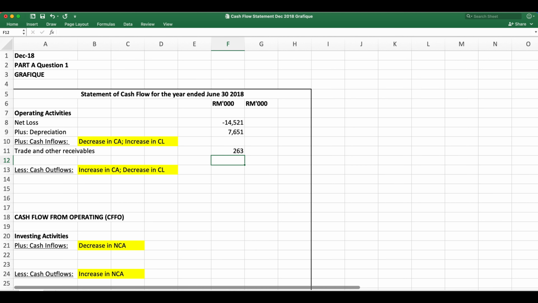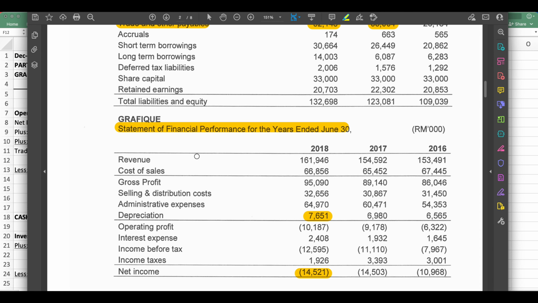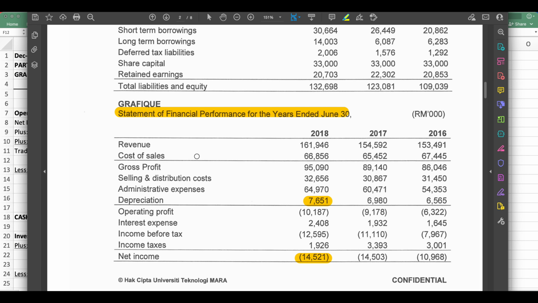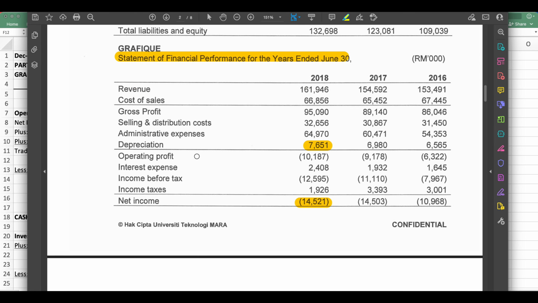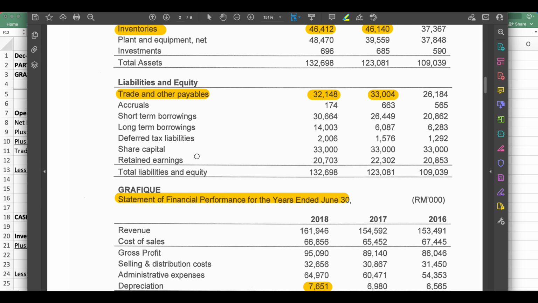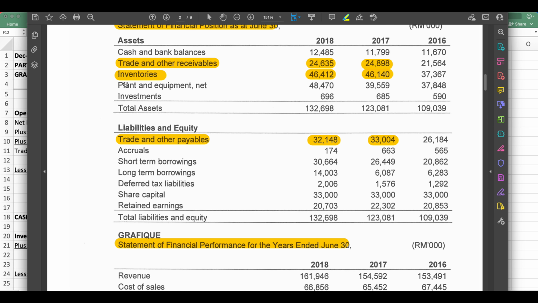Okay, next we are going to go back to the question and check, is there any other current asset and liabilities to be recorded? Okay, so we have here inventories, from 46,140 increased to 46,412.